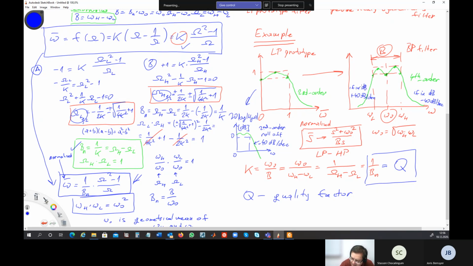Of course, second order transformed to fourth order, but the roll-off, which was 40 dB, turned into two roll-offs of 40 dB. So now it will be 80 dB, but it's from both sides 40.